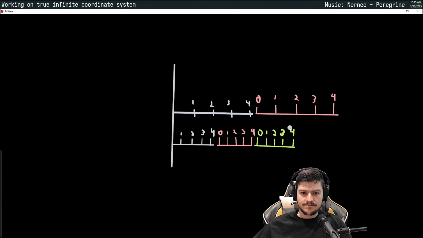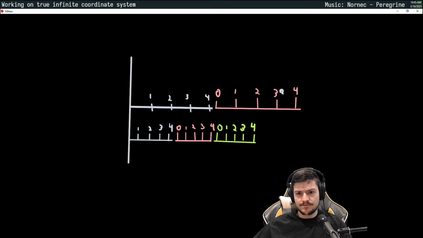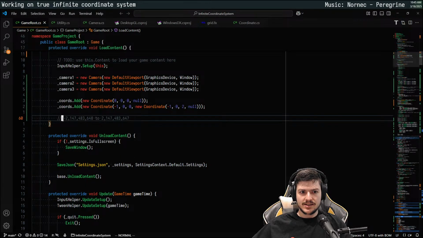Here. Where you have like 1, 0, 1. So the goal is to have numbers that stay within this range.